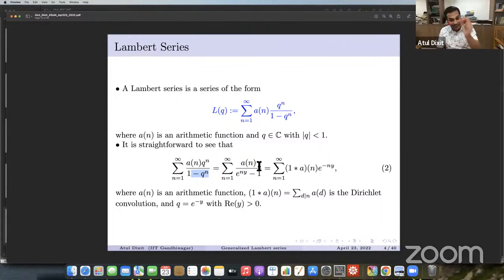That mn you put as a k, or that k you replace by n, and then you'll get back this. So what we saw on the previous slide was a special case of this particular Lambert series where a of n was n to the power a for a complex number a. Because when you have the Dirichlet convolution of n to the power a with 1, what you get is sigma sub a of n.